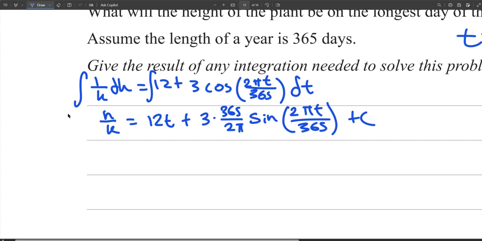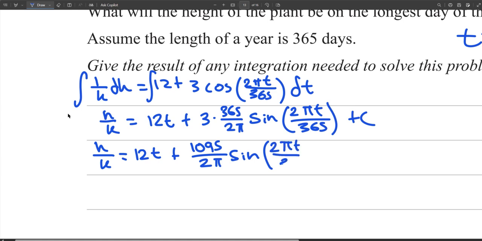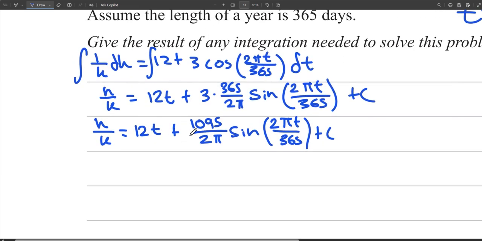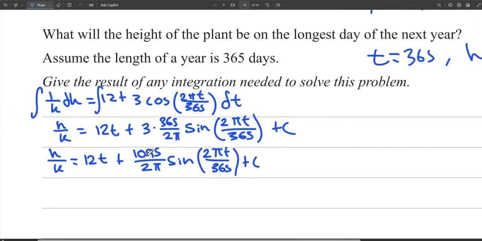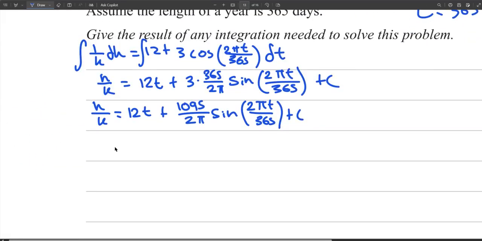Cool. Okay. We can tidy this up a little bit. So h on k is equal to 12t plus 3 by 365 is 1095 on 2 pi sine of 2 pi t on 365 plus c. Alright, so I think we can now go ahead and sub in this first point, t equals 0, h equals 84.